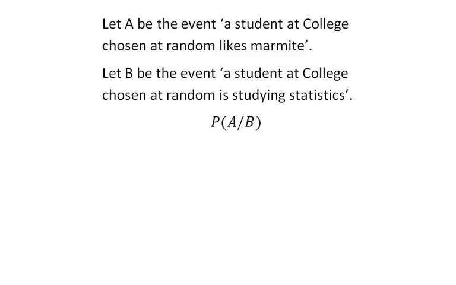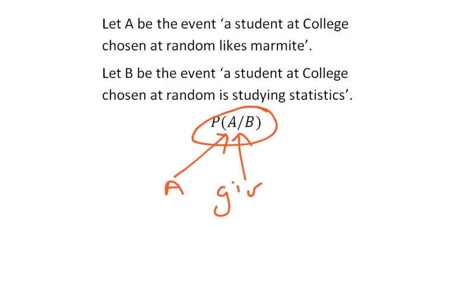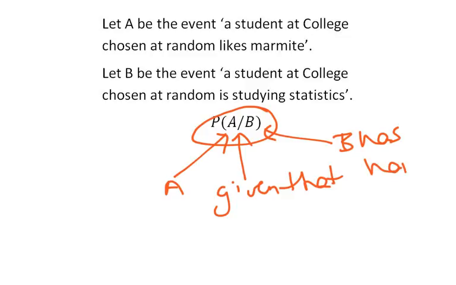Okay, so this scenario here, again with the same events, and this time we have P(A|B), which means the probability of A happening given that B has happened. So if you think about that, just get a feel for it.